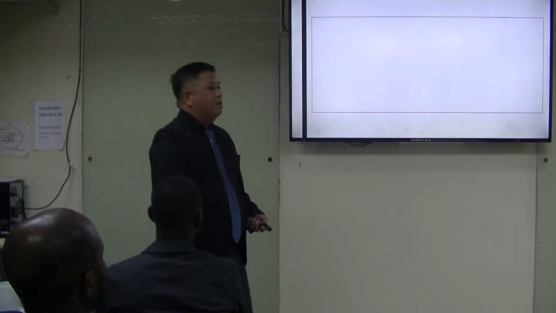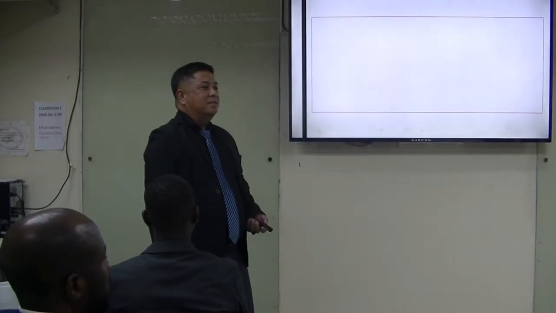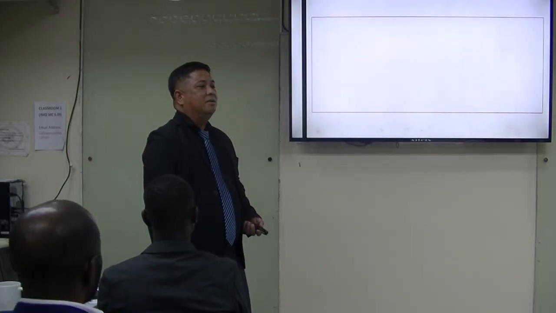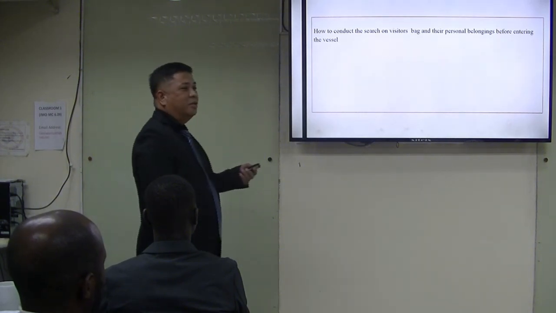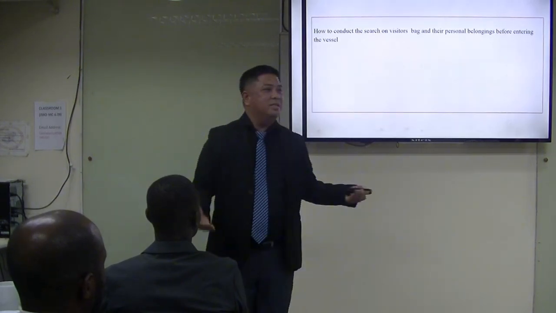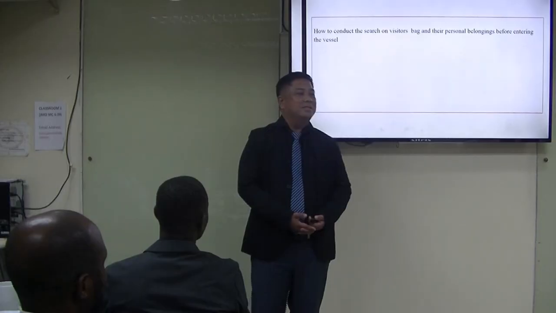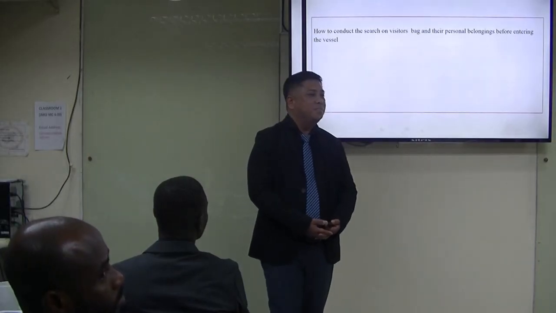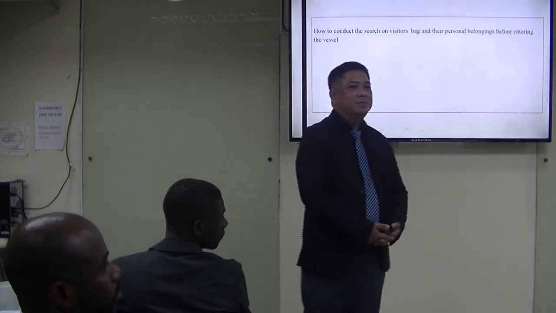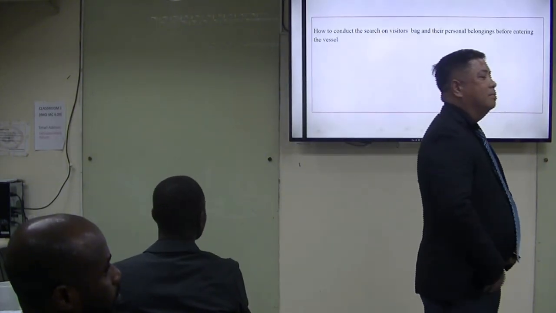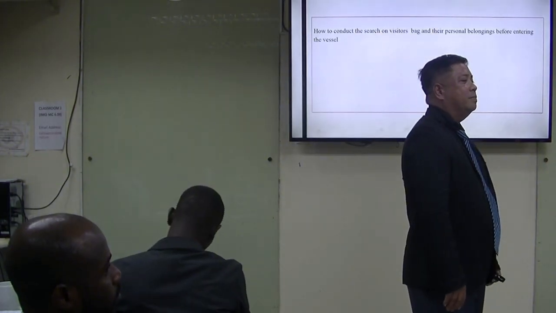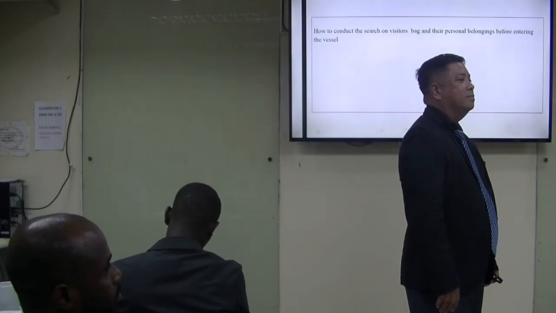So, how to conduct a proper search, especially on people who will visit our city? Do you have any idea? Can you share with me your experiences with how to conduct a proper search, please? Well, it depends on the level of security we have. But if it is security level 1, it's not that thorough checking.